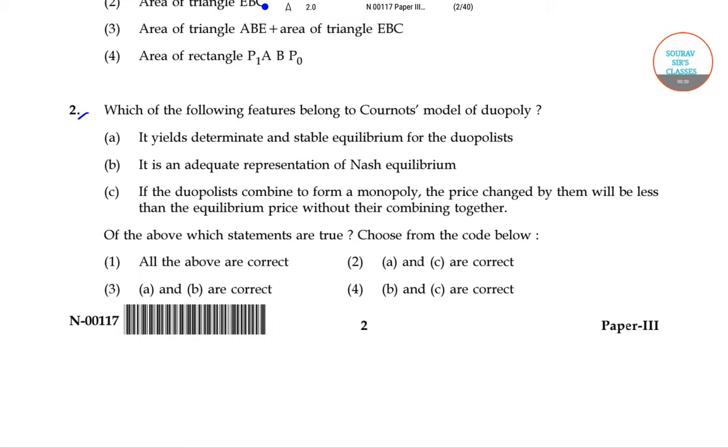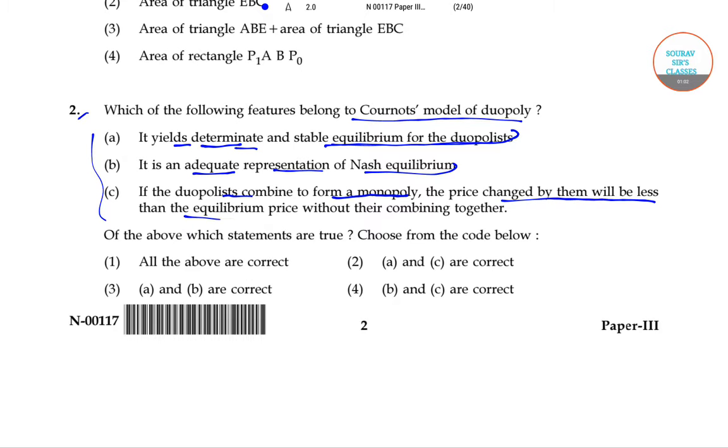So in question number 2 it is given, which of the following features belong to Cournot model of duopoly? Three options are given: it yields determinate and stable equilibrium for duopolist; it is an adequate representation of Nash equilibrium; if the duopolists combine to form a monopoly, the price charged by them will be less than the equilibrium price without their combining together.